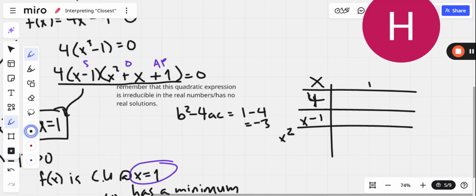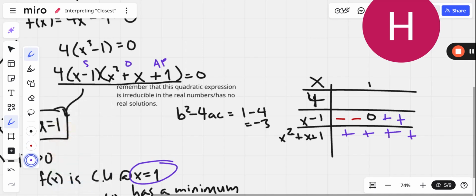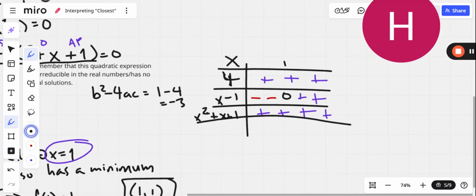That should be always positive because it never has any zeros, so it must stay positive. Just like you in life, you must stay positive. And so overall, the derivative f prime hits 0 at 1, and it goes from negative to positive, which tells us that this is a relative minimum.